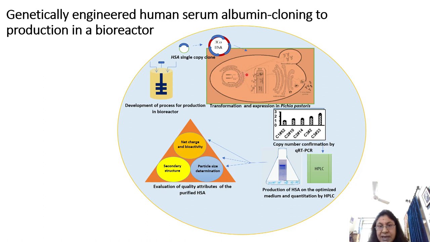So the proteins are now going to be excreted out, all right, and eventually they are going to pass through these secretory pathways into the lumen of the endoplasmic reticulum, into Golgi bodies, and eventually they are going to be secreted out. So what you see is now a recombinant yeast which is capable of extracellularly producing your protein of interest. In this case, it is human serum albumin.